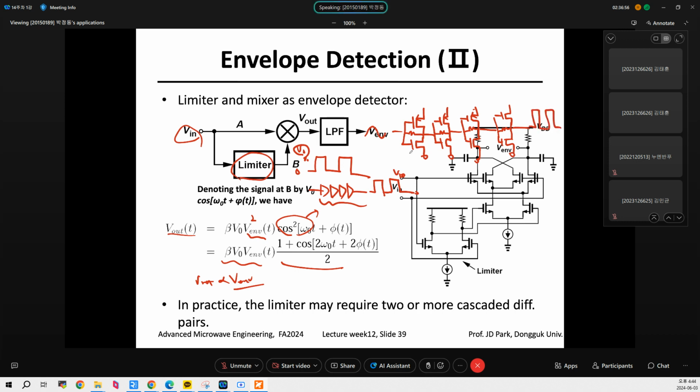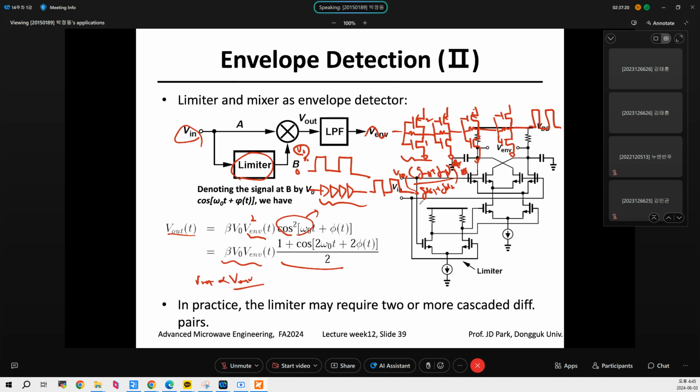Why? Because the gain of this is what? GMN plus GMP over GDS1 plus GDS2, where this is 1, 1 and this is 2, multiplied by 4 times, power over 4.